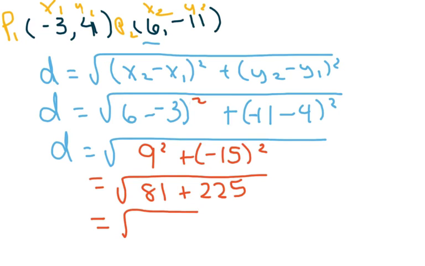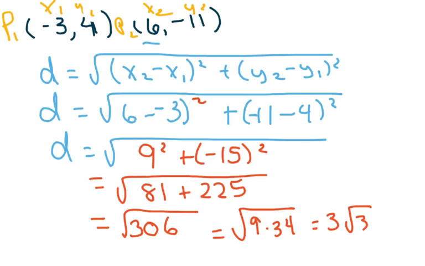Square root of 306. We can reduce this as 9 times 34, so we get 3 root 34. Okay, so that is that one.